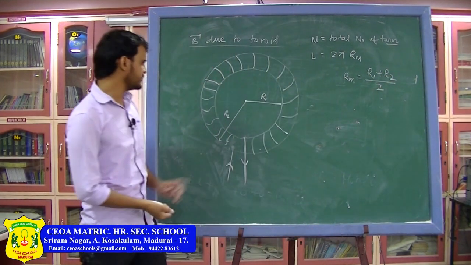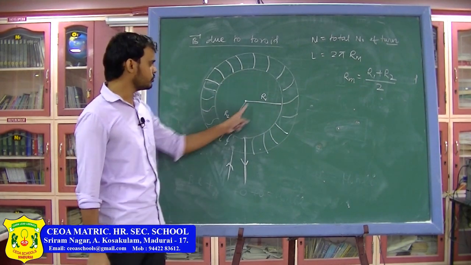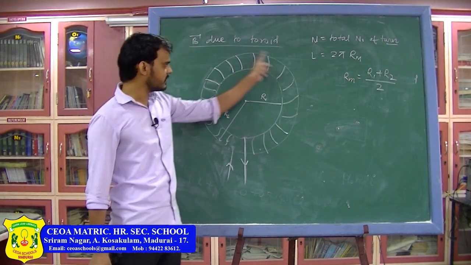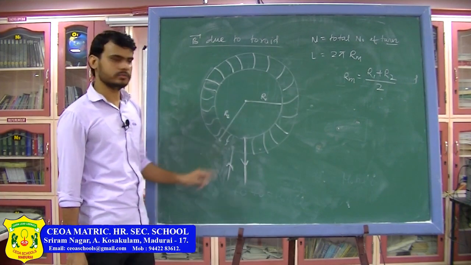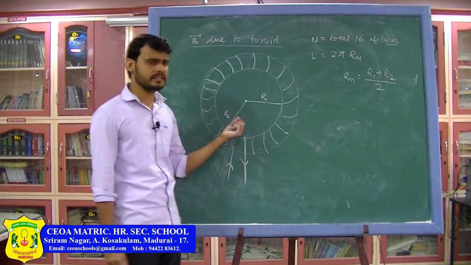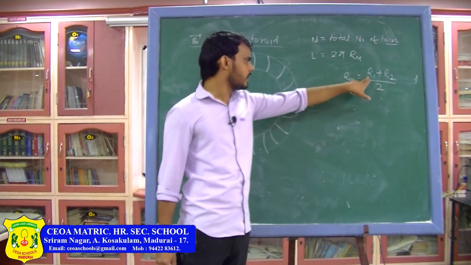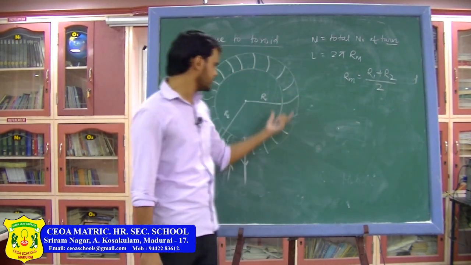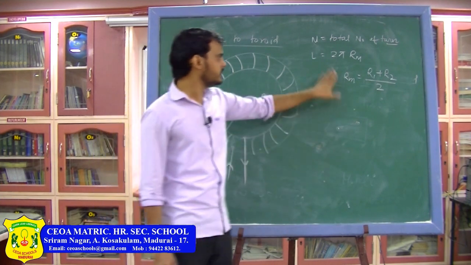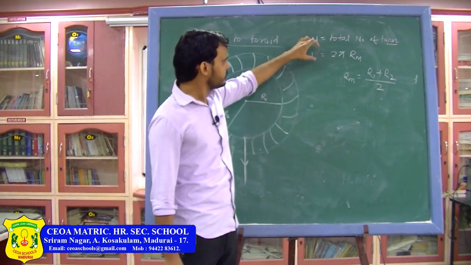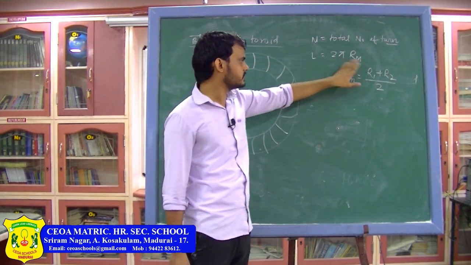Here, this inner part has a length 2 pi R1 and the outer part will have a length of 2 pi R2. So we cannot say it has a definite length. So we are going to take the average length of the toroid, which is R1 plus R2 divided by 2. So the average length of the toroid can be written as 2 pi Rm.